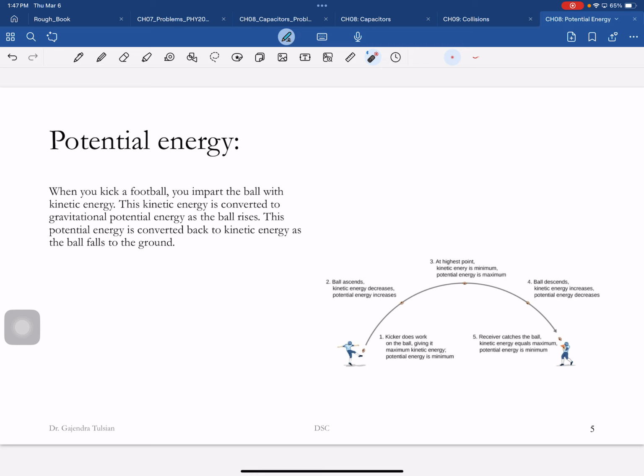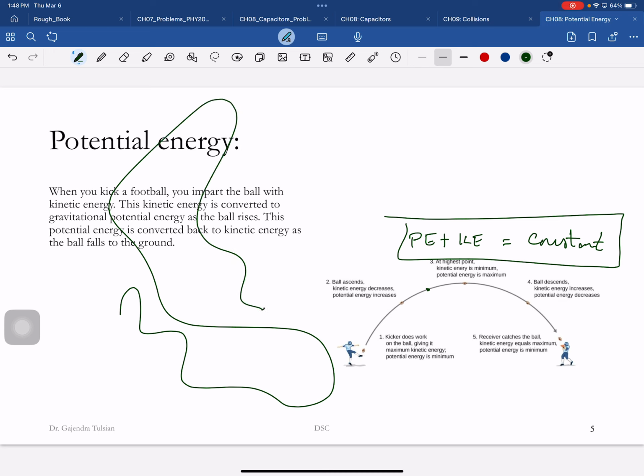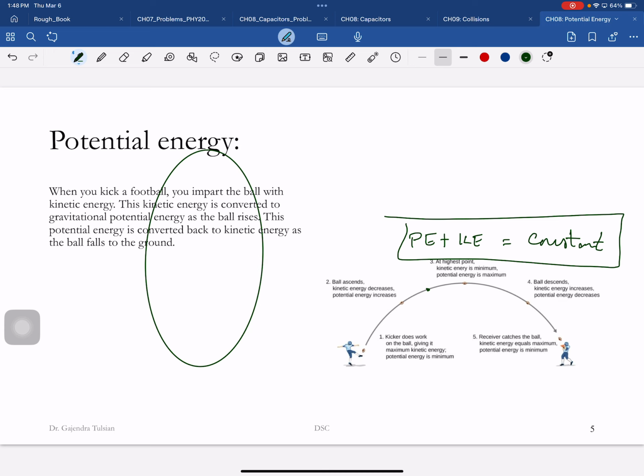So it turns out that the kinetic energy plus gravitational potential energy at every point is the same. That's the neat thing about it. Potential energy plus kinetic energy is constant. And we love to do that in physics. You'll have a complicated motion, and we would like to keep it from staying complicated.